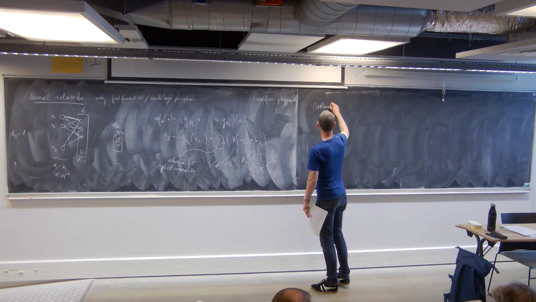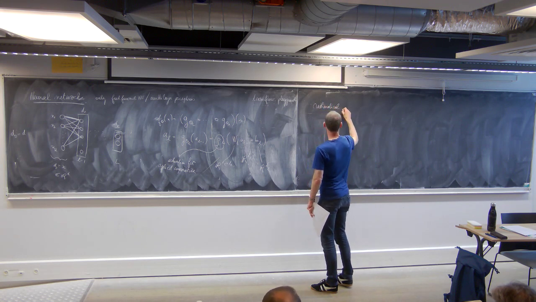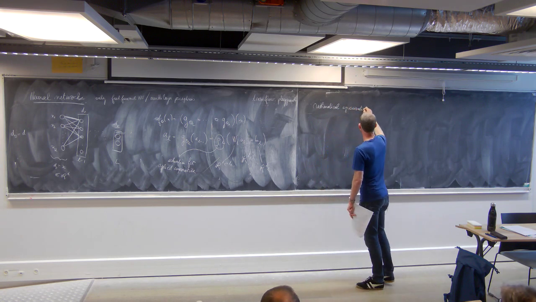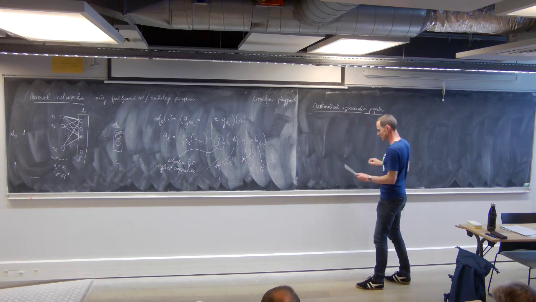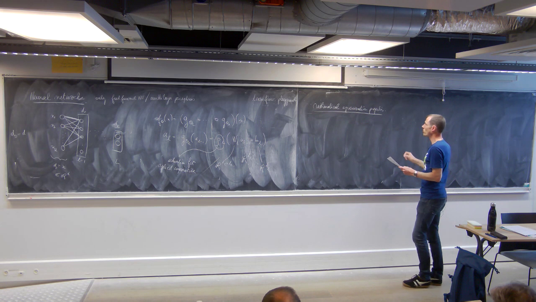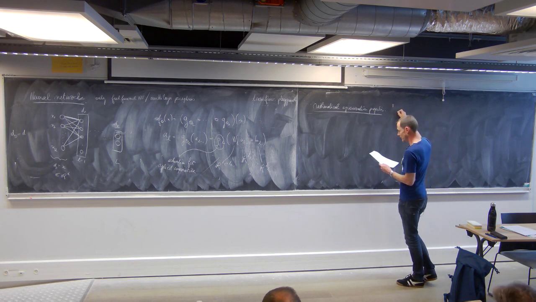So maybe a word on mathematical approximation properties. It's somehow too simple a result, but still a result that is there to tell you that neural networks can represent any function.